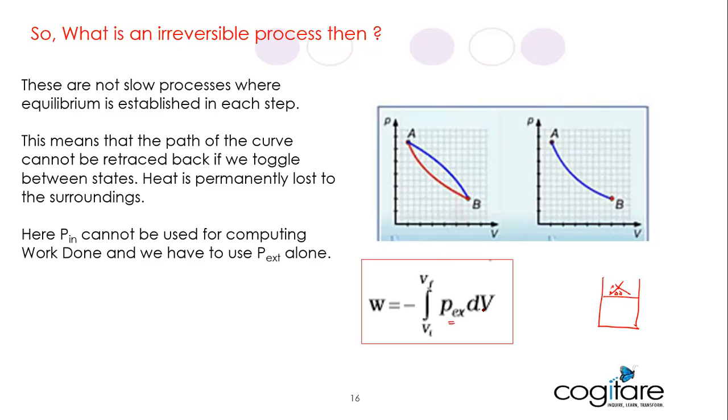You're able to follow, right? I cannot in this case write this as P internal plus or minus dP into dV. Not possible, sorry. Because this concept of dP is not there, because you are not doing it infinitesimally slowly. You are not waiting for equilibrium states to get established. You are doing it much more rapidly.